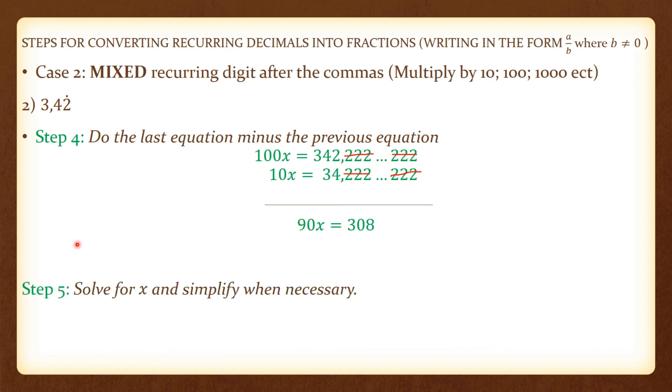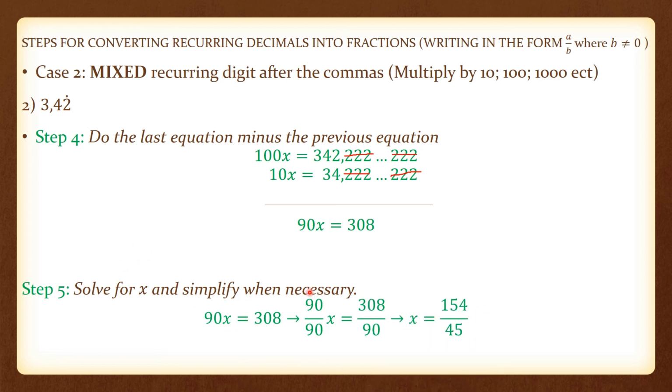Now we can move to step 5, solve for x and simplify when necessary. Alright, to solve for x, we divide both sides by 90, because 90 divided by 90 we have x, and 308 divided by 90. Now step 5 says simplify when necessary. So this will be 90x equal to 308, and we divide by 90 both sides.